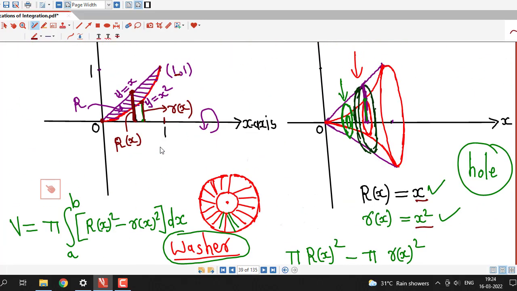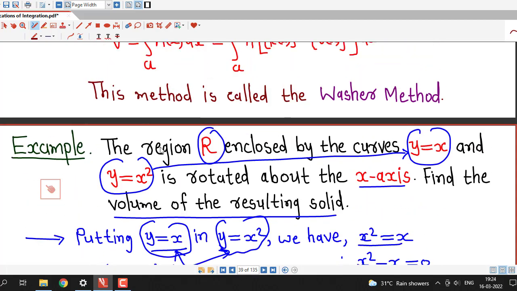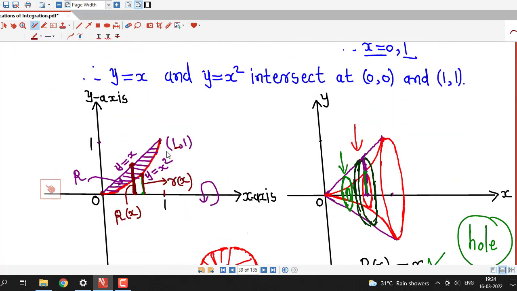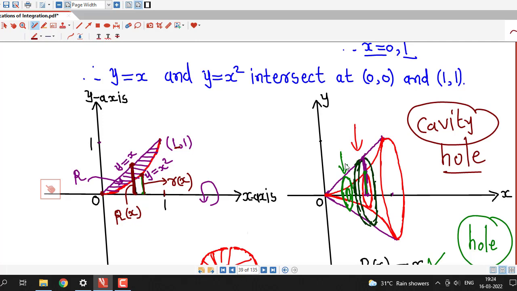So this is the idea of the washer method. Whenever we have to rotate the plane region between two curves, the solid which will be generated will have a hole inside it, or there will be a cavity in the middle. To find the volume of this type of solid, we consider the cross section perpendicular to the axis of rotation, and the cross section will be a washer, or a region between two discs.